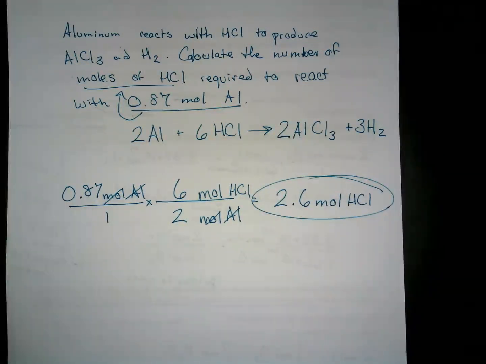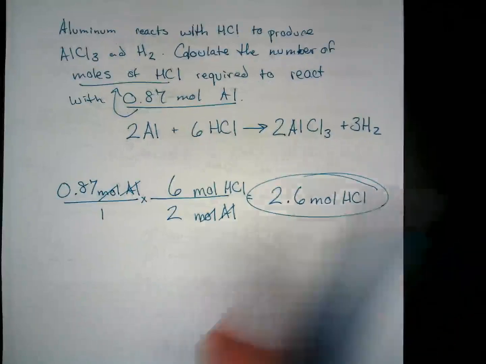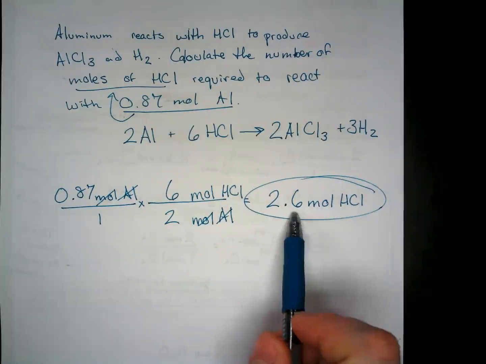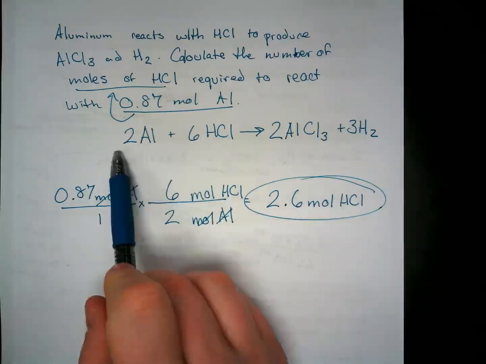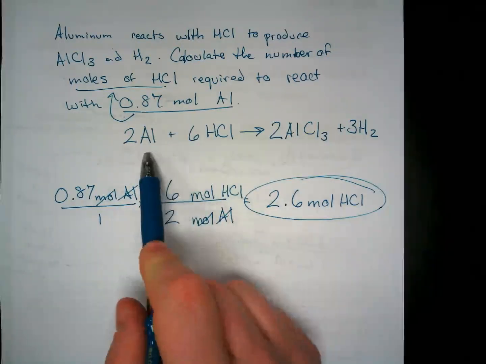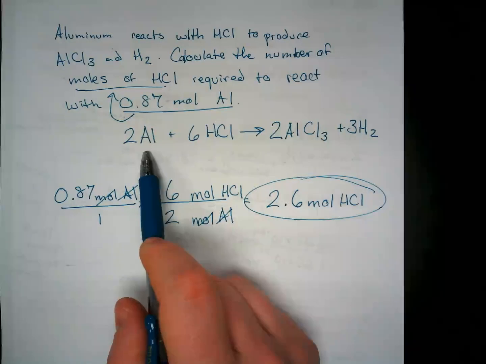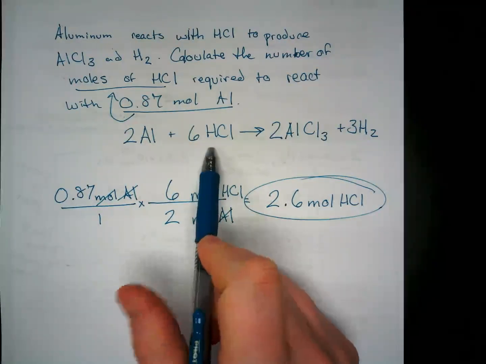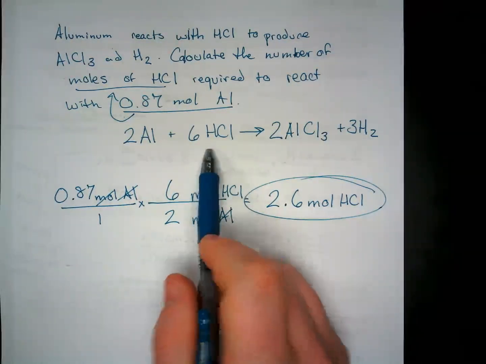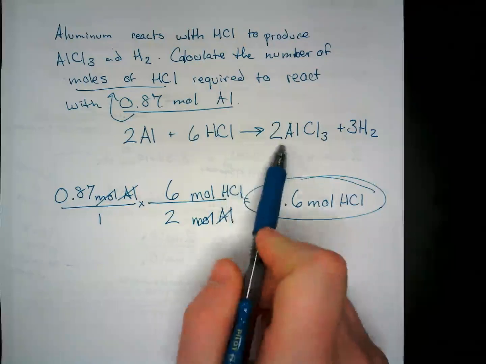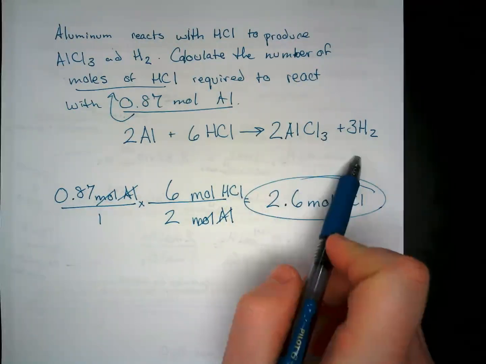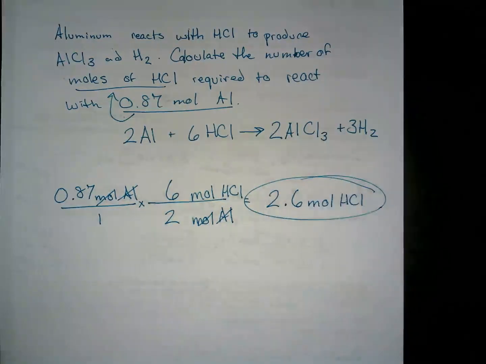Okay, and a quick brief explanation of what this means. In this balanced equation, what it's telling us is that 2 aluminum molecules will react with 6 molecules of hydrochloric acid, which will produce 2 molecules of aluminum chloride and 3 molecules of hydrogen gas.